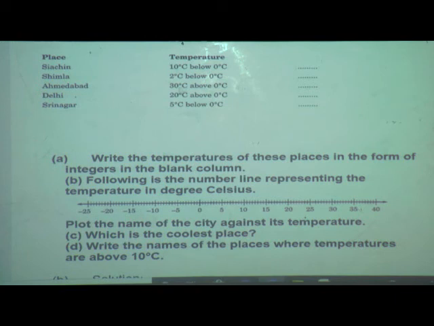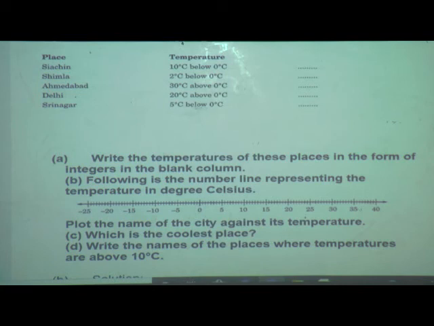Ahmedabad has the temperature 30 degrees above 0 degrees centigrade. 30 degrees above means plus 30 degrees centigrade. Delhi has the temperature 20 degrees above 0 degrees centigrade. So plus 20 degrees centigrade. And Srinagar has the temperature 5 degrees centigrade below 0 degrees centigrade.